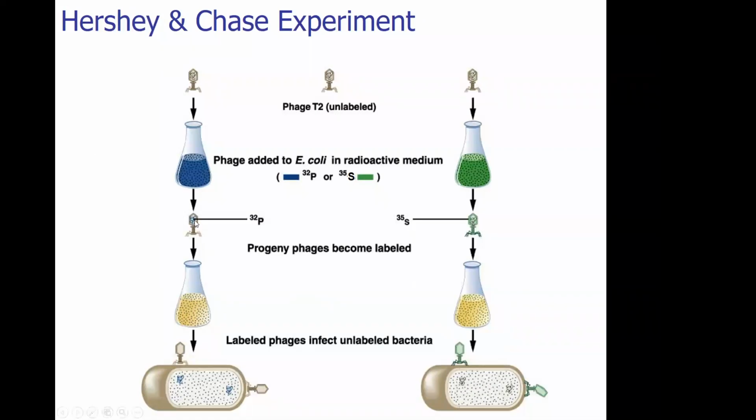When the phage were P32 labeled, the bacteria were mostly. When the phage were S35 labeled, the bacteria were a little bit, but not nearly as much. Most of the S35 went away. Here, most of the P32 stayed.